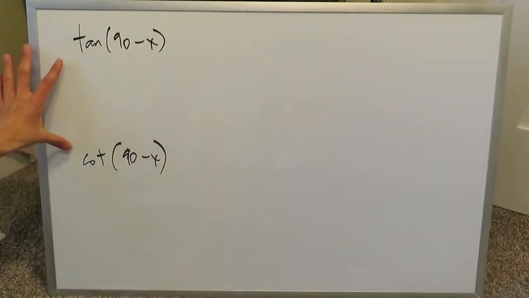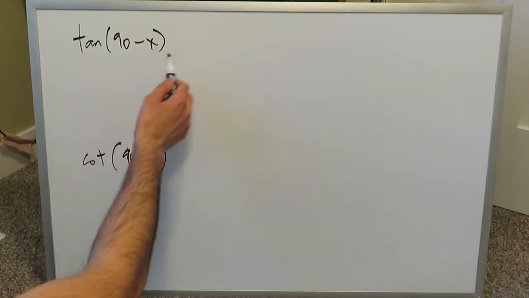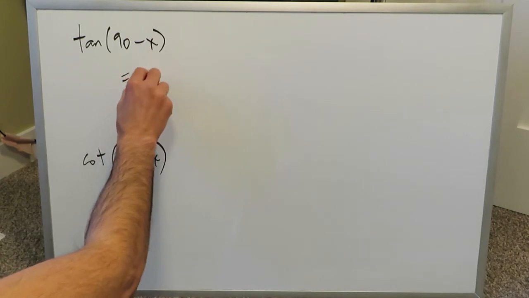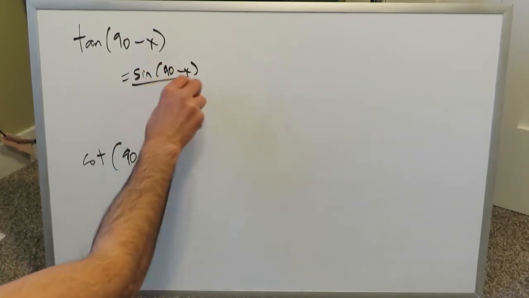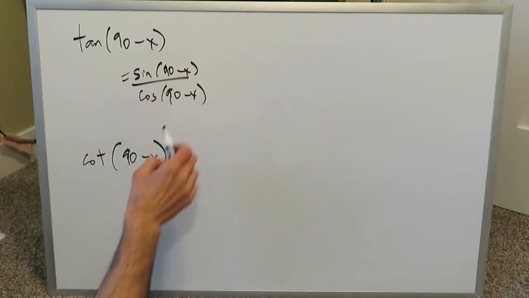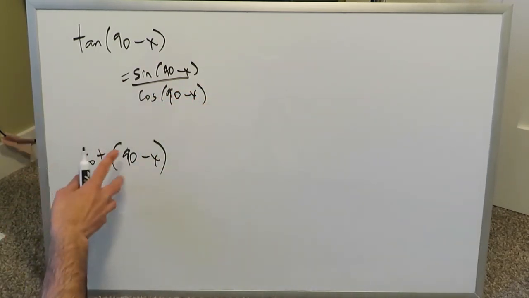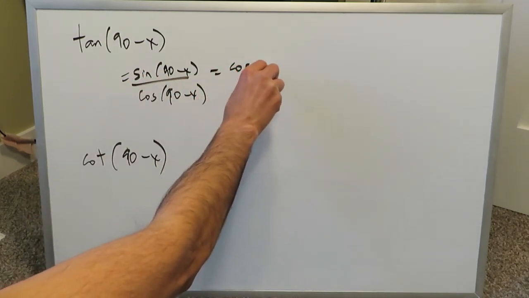Now the tan and the cotan are related to one another. And you don't want to break these down using the tangent and cotangent difference and sum formulas. You want to do everything in relation to the sine and the cosine. If you're looking at tan of 90 minus x, you can think of everything as sine of 90 minus x over cosine of 90 minus x. And when you think back to the previous derivation, sine of 90 minus x you know was equal to cosine x.